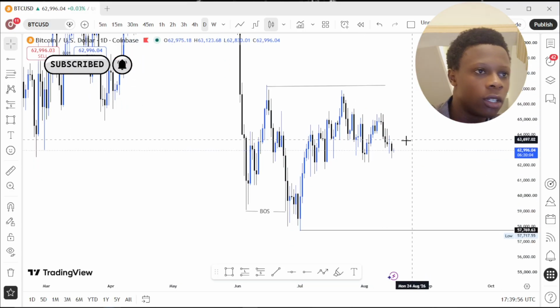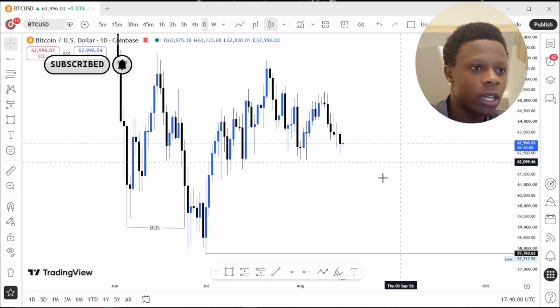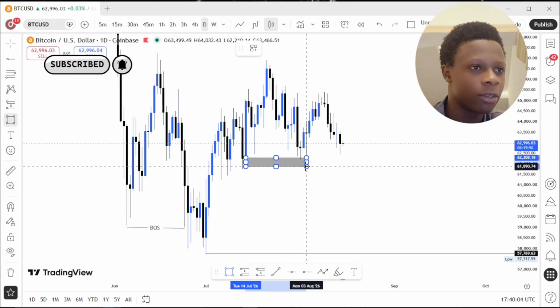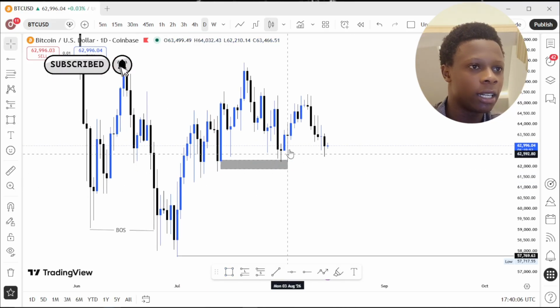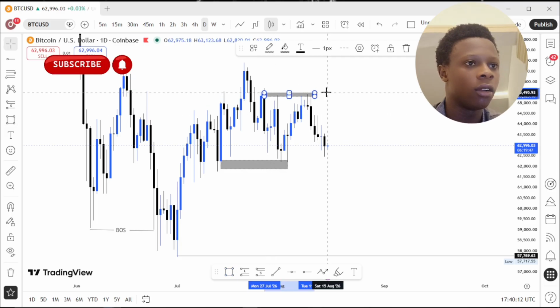All right, on the daily now, you can actually see the market is respecting this very key level right here. It's reacting from here to the upside, and later it reacted from here to the downside, right?